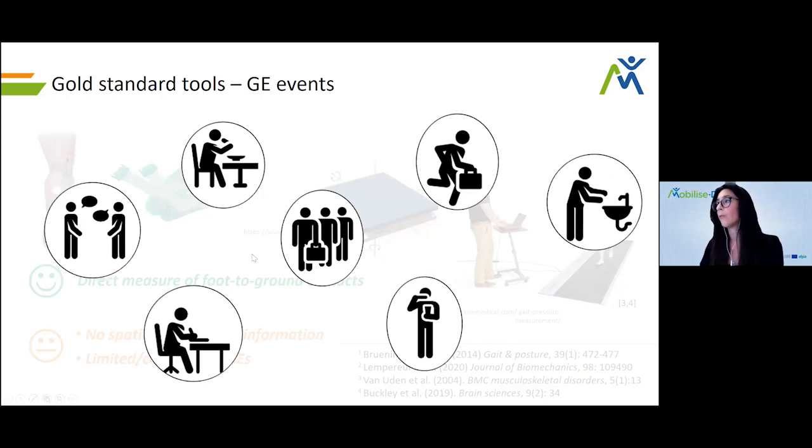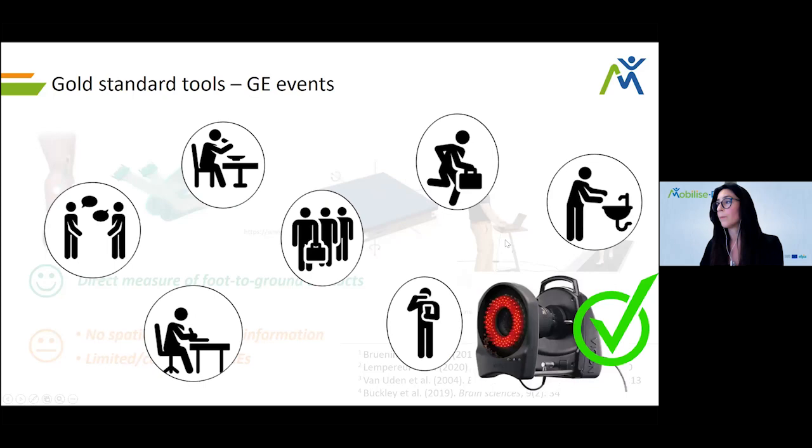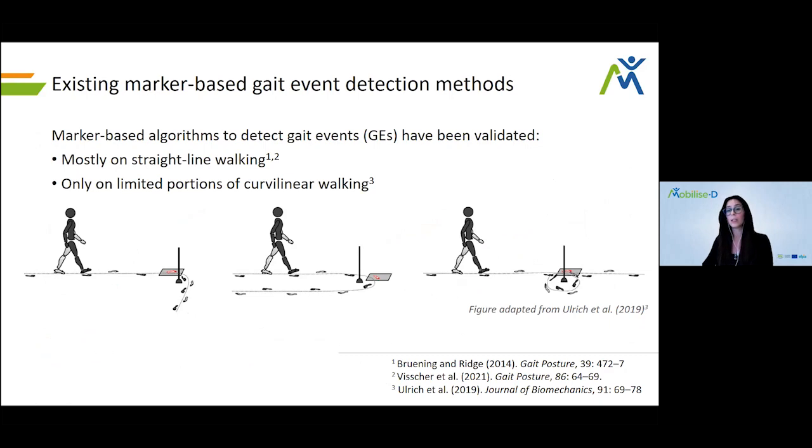There is none of the ones that I've just mentioned, but we need to go back to the stereophotogrammetric system. So if we look in the literature, there are different algorithms that have been developed to estimate gait events from marker-based data. But those have been mostly validated on straight line walking and only a limited portion of curvilinear walking.